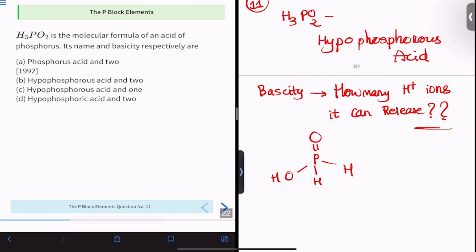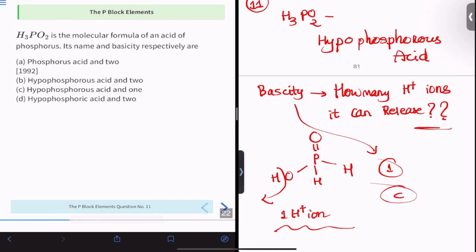So how many hydrogen ions can it release? The only hydrogen which can be released is from the oxygen atom. So only one hydrogen plus ion it can release. So its basicity is 1. Which option has hypophosphorus acid and 1? Option C.